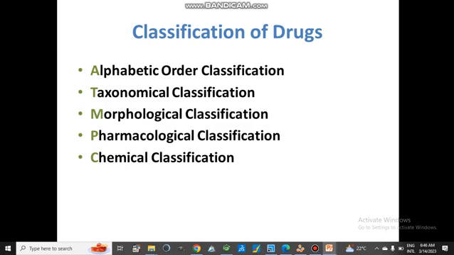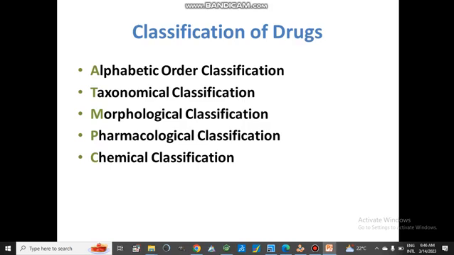Classify, or we will give detail on classification of drugs. So drugs have been classified according to different rules, like in some books the classification is in alphabetic order, while in some cases there are classification of drugs according to taxonomy, and in some cases we have classification according to their morphology or pharmacological action, or depending on type of chemical present inside the drug.